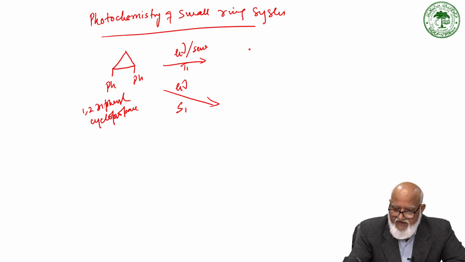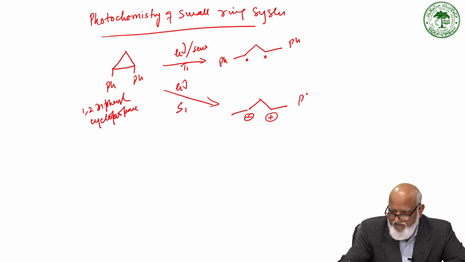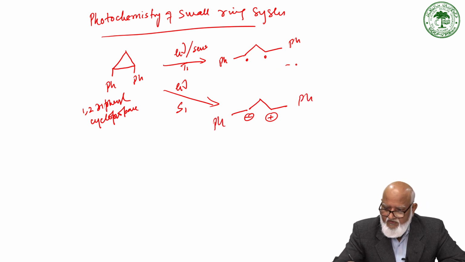It has been found that the triplet excited state leads to a diradical species, whereas the singlet excited state goes via a dipolar species, and then this will undergo coupling.